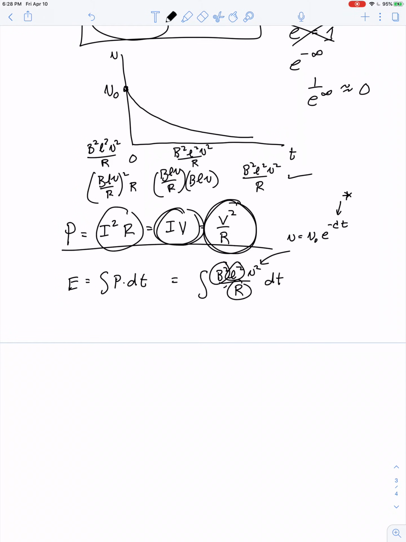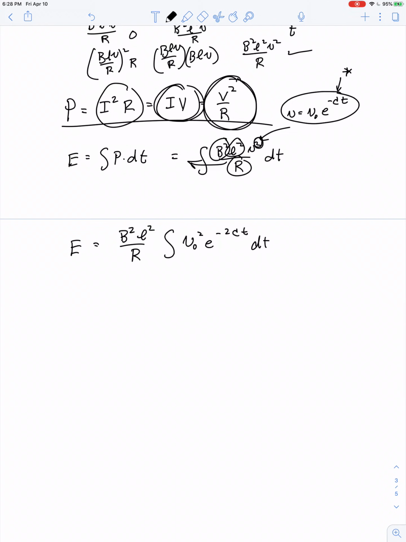So we're going to take all of these values and pull them out of the integral and say that the energy is equal to B squared L squared over R times the integral of V naught squared e to the negative 2ct dt, right? Because we have to square velocity, and this is the expression for velocity.